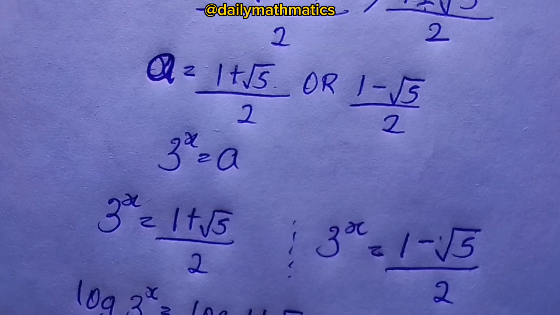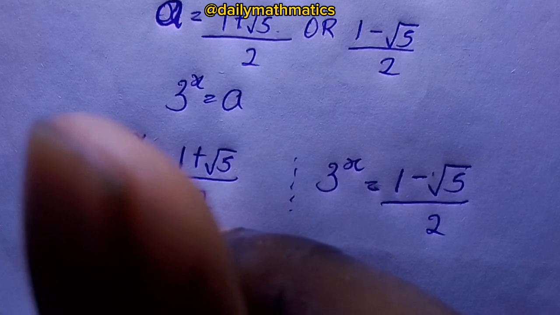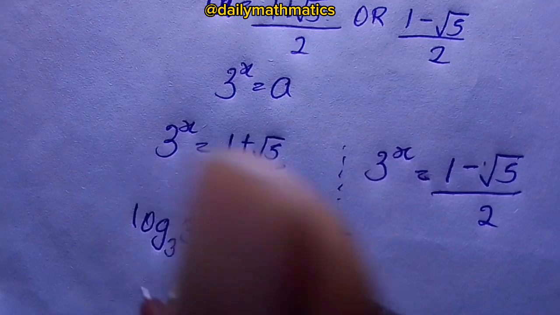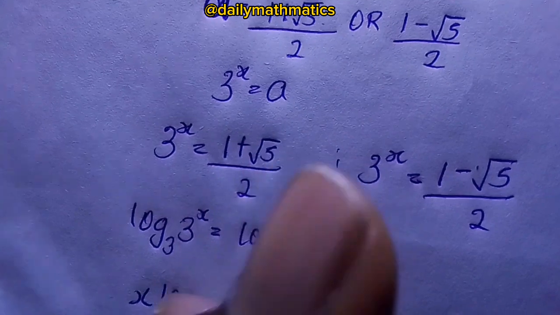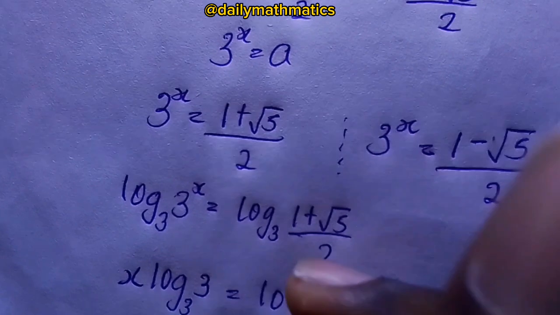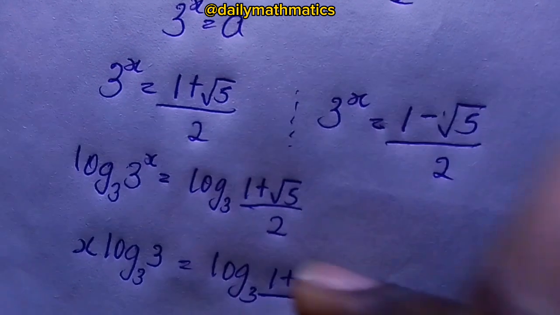And after that, this is 3 raised to the power x, sorry. So we can bring this x here: x log 3 equals log 3 of 1 plus root 5 over 2.